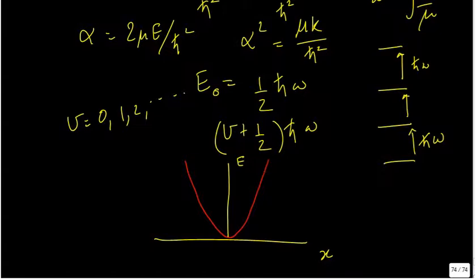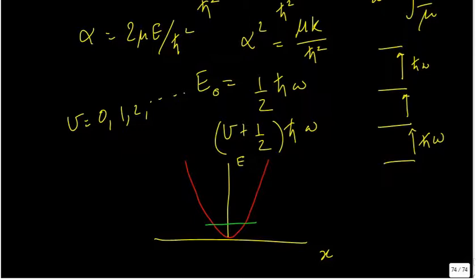Right? So that's my potential energy. And if I wish to plot the energy half of h cross omega, then that might come somewhere over here, a little bit above from 0. Right?